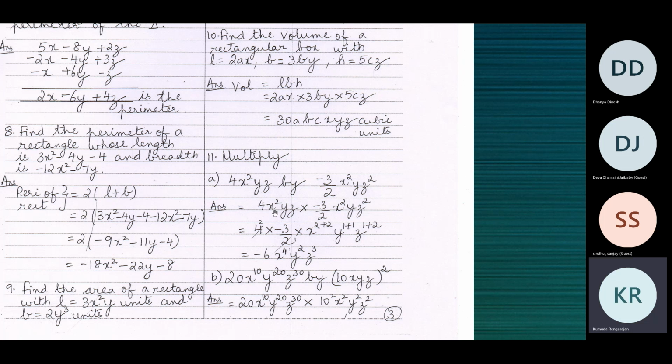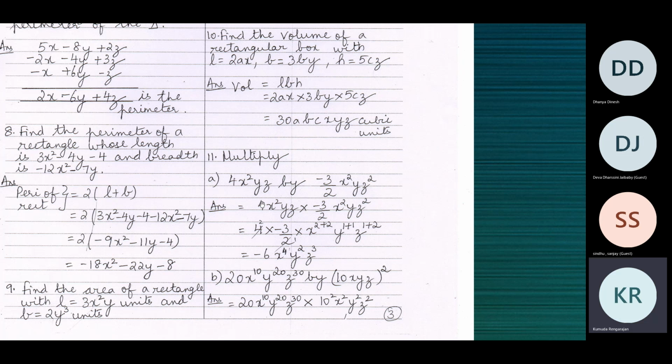Now you can see it's multiplication everywhere. How do you read this? 4 into x square into y into z into minus 3 by 2 into x square into y into z square. So multiply the numbers first. See, there is no plus or minus sign here, children. Please understand that.